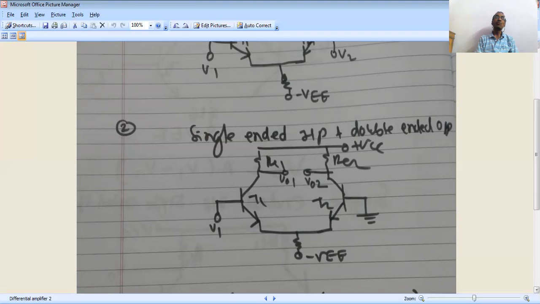I am going very slowly, my friends. This is because this is the base of the next point we are going to explain, the operational amplifier. This is because differential amplifier is the basic building block of operational amplifier.